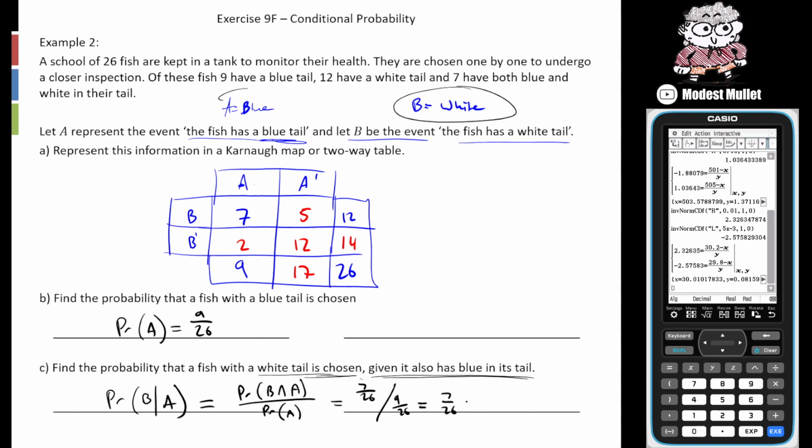That turns into 7 over 26 times 26 on 9, which is 7 out of 9.